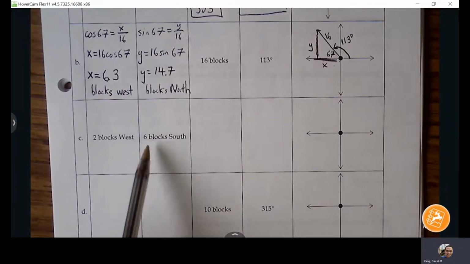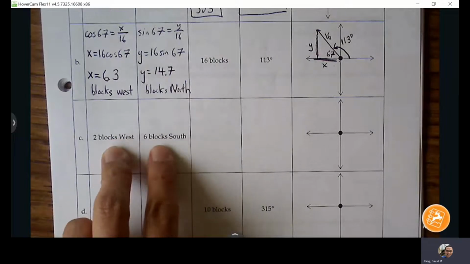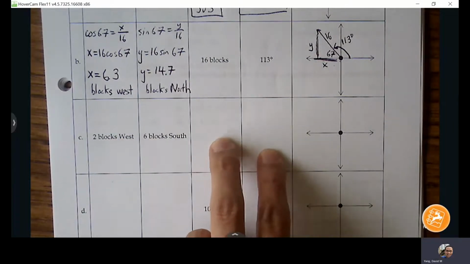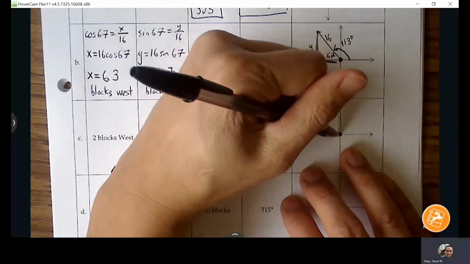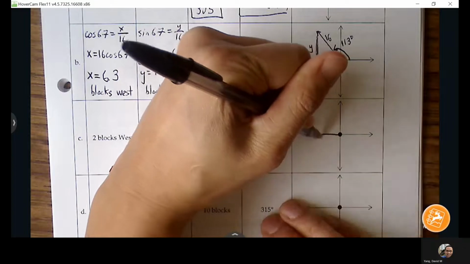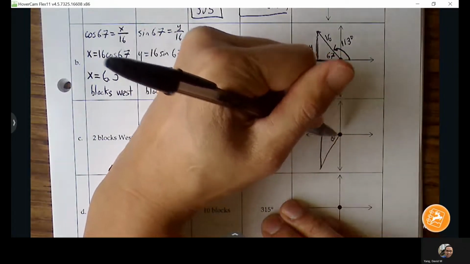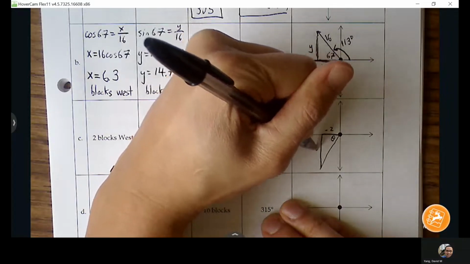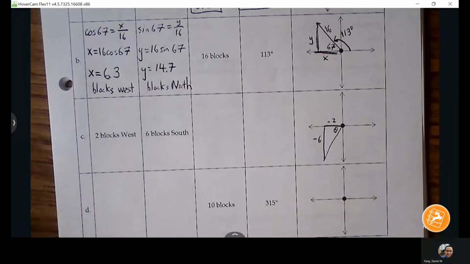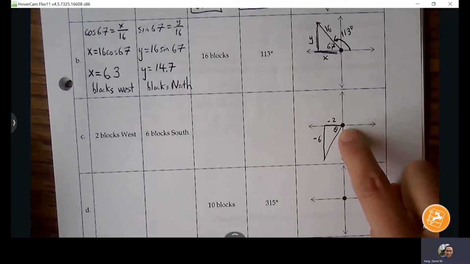2 blocks west, 6 blocks south. So this is describing Harry's path, and then we have to figure out the flight path. Pythagorean theorem, inverse tangent.